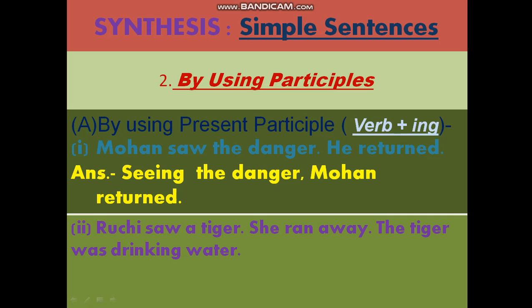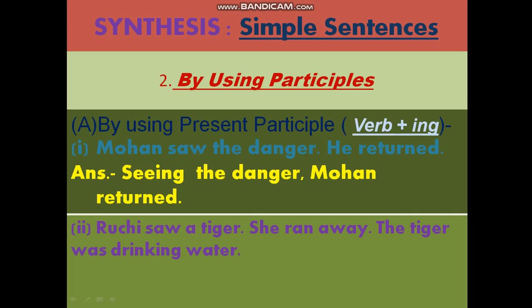Ruchi saw a tiger. She ran away. The tiger was drinking water. Which type of tiger did Ruchi see? The tiger that was drinking water.